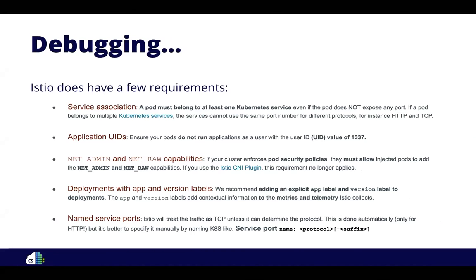Some other thing to keep in mind. I mentioned at the beginning that you don't need to change that much to start with a service mesh. You don't need to change the application code usually, but there are some things that you need to change, depending on how your infrastructure looks and how many microservices you have and how different they are.